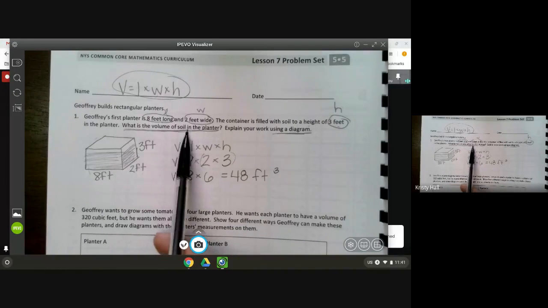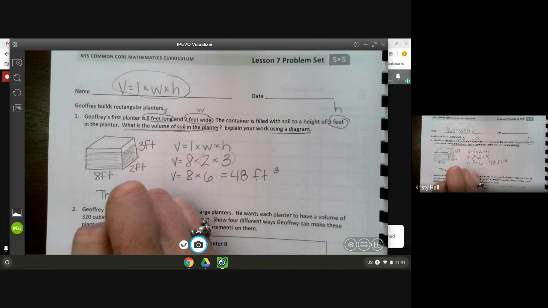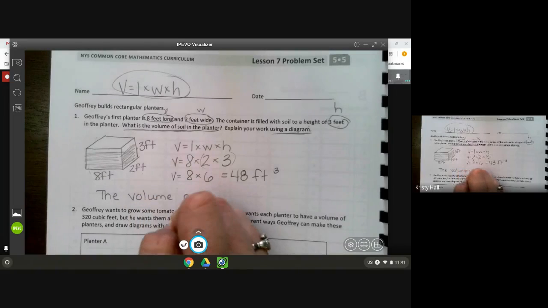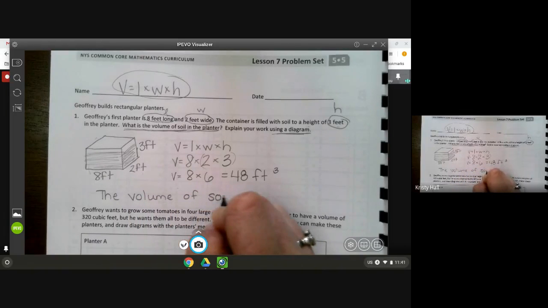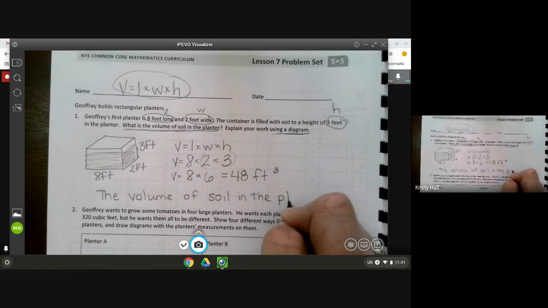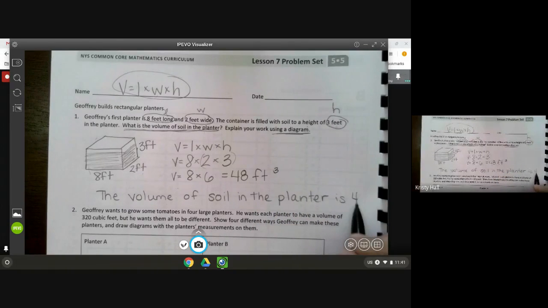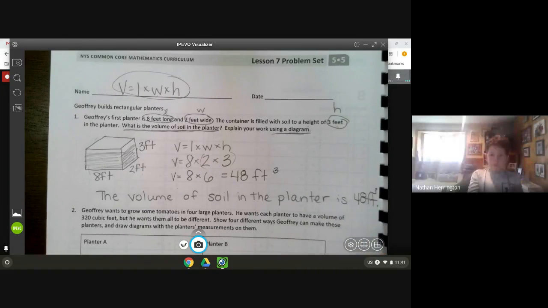So what is the volume of soil in the planter? The volume of soil in the planter is 48 cubic feet.